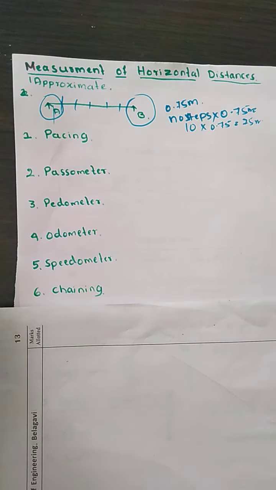It is attached to the wheel of the vehicle and records the number of revolutions made by the wheel. The wheel diameter is known, and based on the number of revolutions, it gives you the distance.